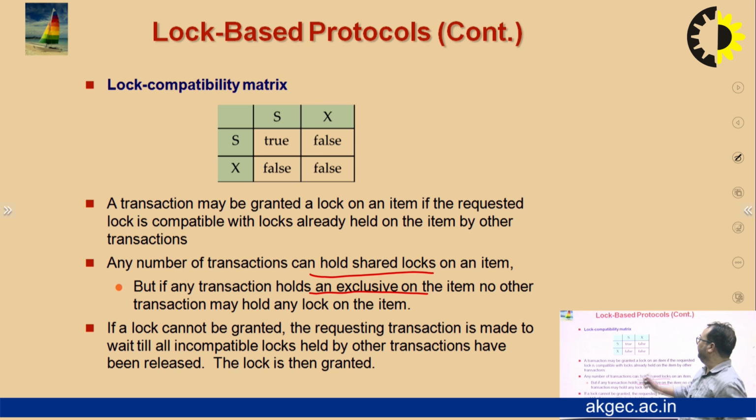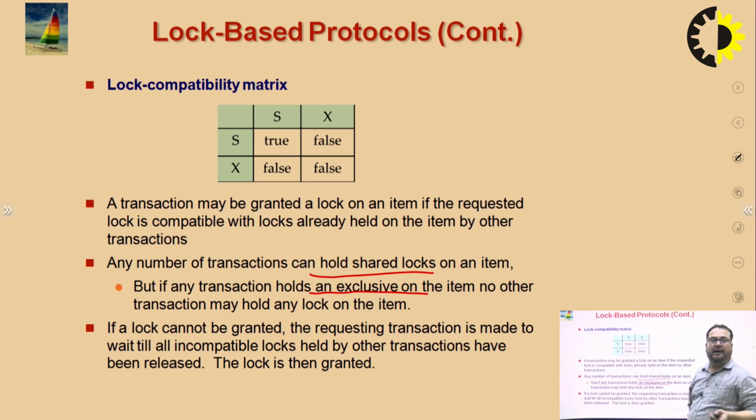The meaning is that read operations will follow shared lock, so that could be true, while if a data item has an exclusive lock, then another transaction is not allowed either a shared lock or an exclusive lock on it. If a lock cannot be granted, the requesting transaction is made to wait till all incompatible locks held by other transactions have been released. Then the lock is granted.